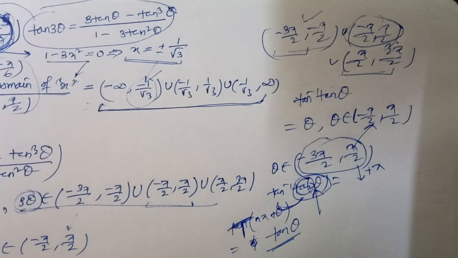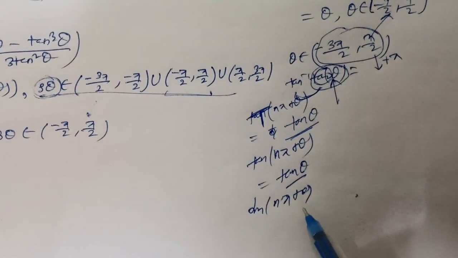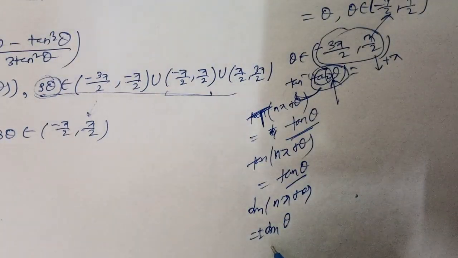It is valid for all trigonometric functions, not just the tan. In case of tan, what happens is n pi plus theta is always equal to tan theta. But in case of, let's say, sine, it is not always sine theta, and sometimes it opens with plus or minus.